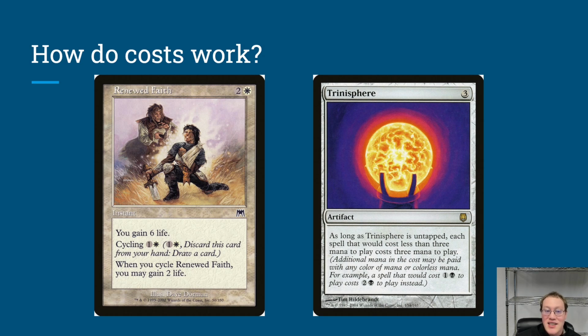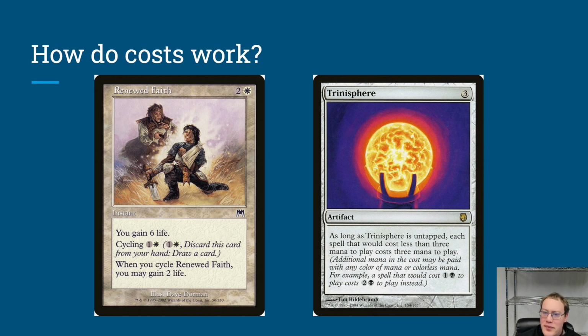But in other cases, it'll actually be casting the spell. So you want to really look at the Oracle text and look at the comprehensive rules entry for any of the keywords that are associated to know whether what you're trying to do is casting a spell or activating an ability. And of course, for a lot of game purposes, that doesn't matter, but for the Trinisphere, it definitely does.